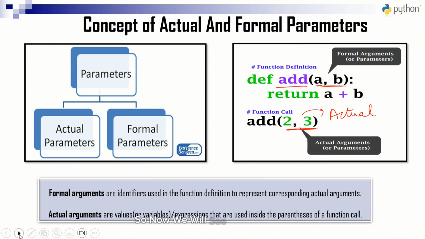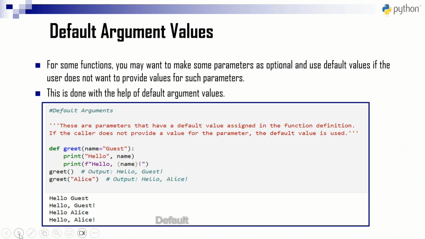So now we will see the first one, default argument values. In this type of formal argument, we give a default value. Here I have a function greet, I have an argument that is a formal argument, but in the function definition I am giving a default value to the name parameter. Now if I am calling the function with just its name and I am not passing anything, by default it will display hello guest.